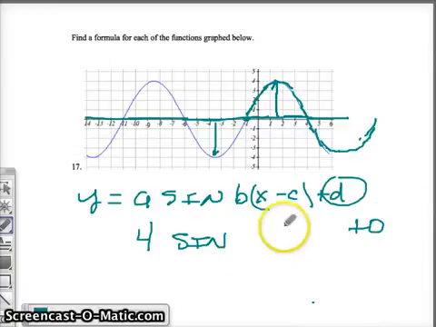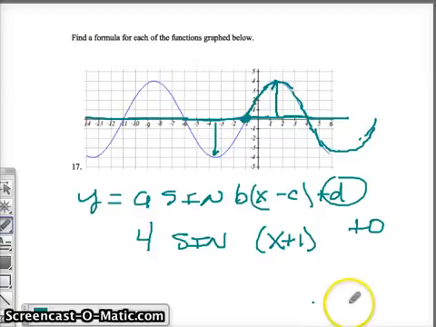And then we have this b and x minus c. Now notice that it starts at -1, so this is going to be x plus 1. The only thing that we really need to do is figure out what goes in this spot right here. Well, we don't have that location right there, but we know one wave is the same from any two corresponding parts. So between these two, it looks like 10, right?